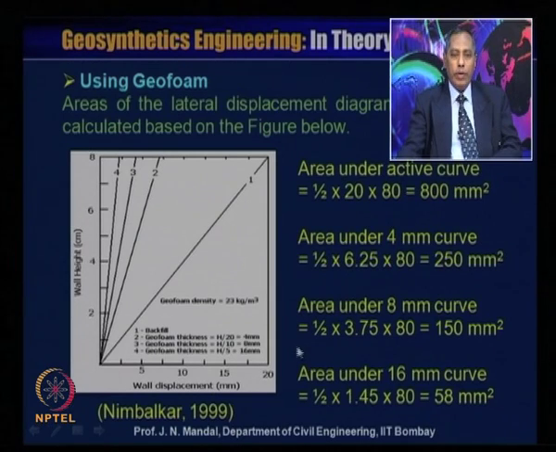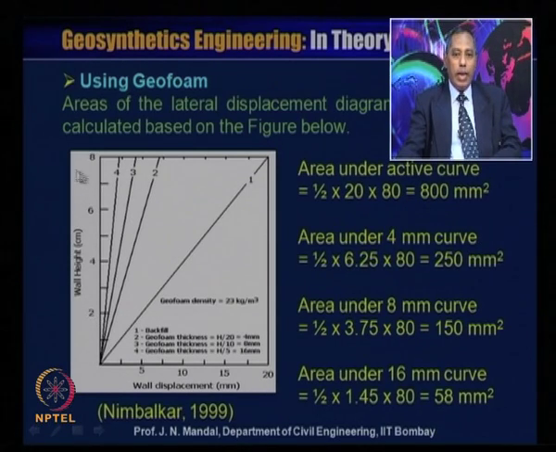This is 20, and this is 8 centimeter and this is 20 millimeter. So in case of here 1, area under the active curve means half into 20 into 80. So this will give 800 millimeter square. So this is area under active curve.